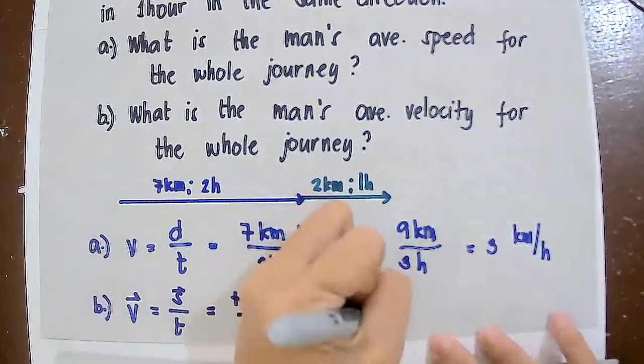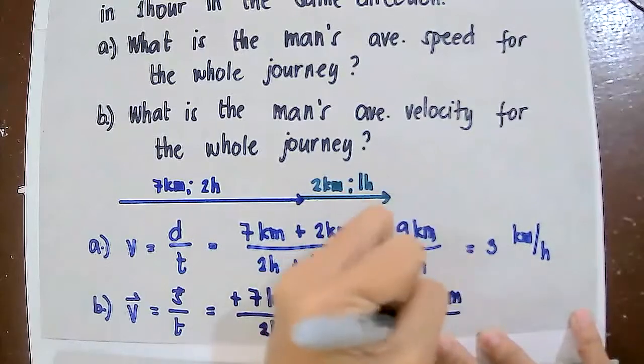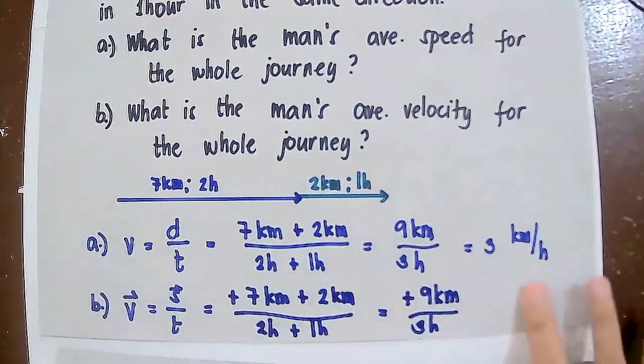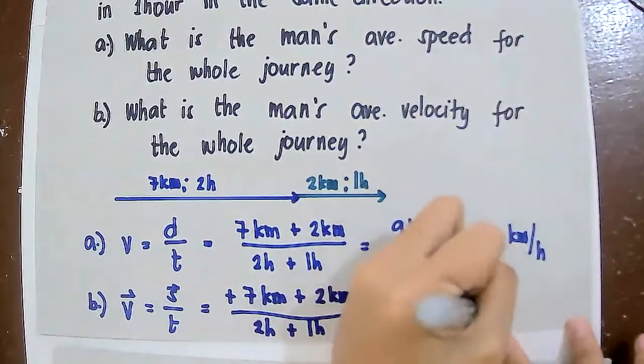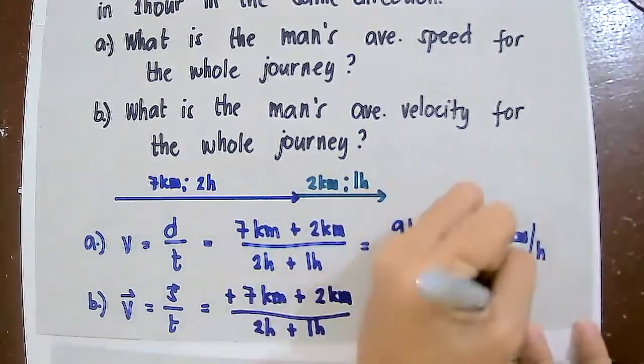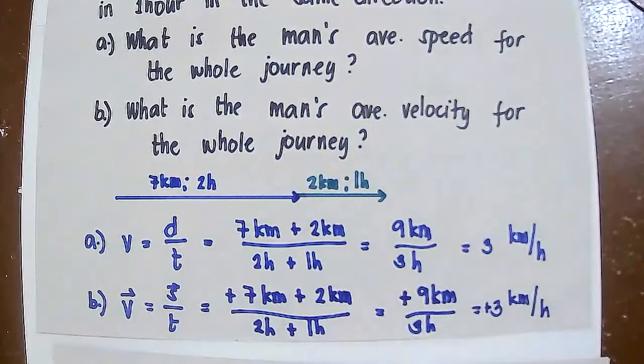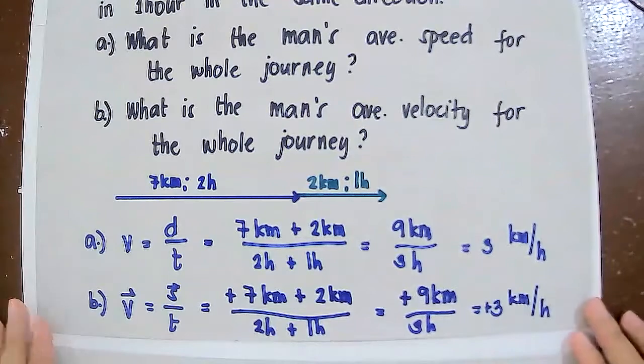So you will get positive 9 km over 3 hours, and for your final answer you will have positive 3 kilometers per hour. In this case, you have here your positive sign. So it is important that in determining your velocity, you have your direction. The positive sign represents the direction of our velocity.